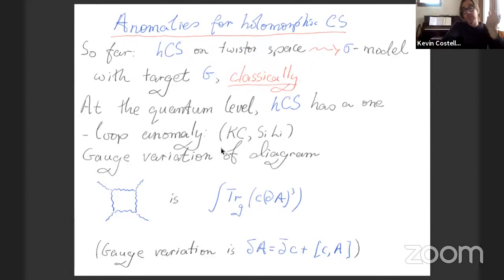One can calculate this in many ways, for instance, using the index theorem. But what you find is that this diagram with 4 external lines is not gauge invariant. And the gauge variation of it is this expression here, where C is the parameter of the gauge transformation.